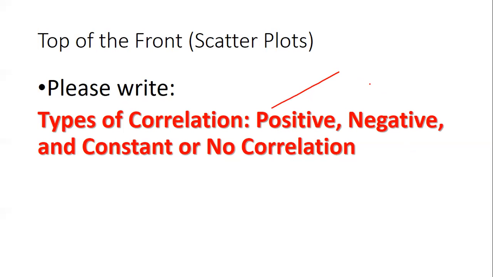When you say negative, it doesn't have to be a perfectly straight line, but the information is steadily decreasing. When you're saying constant, the information is just staying in a horizontal line. And when you're saying no correlation, it's all over the place.